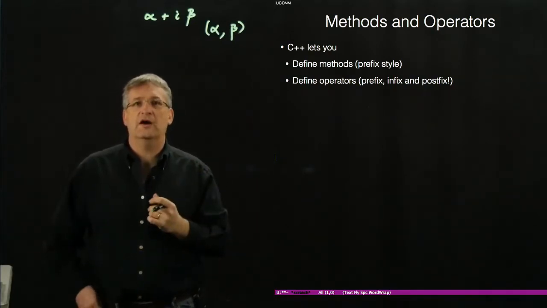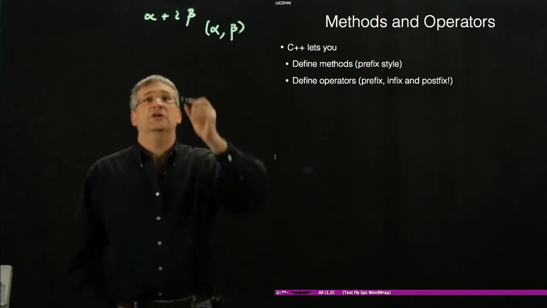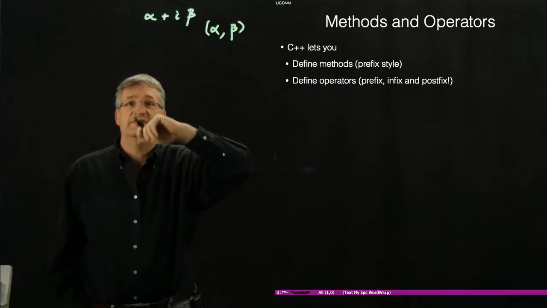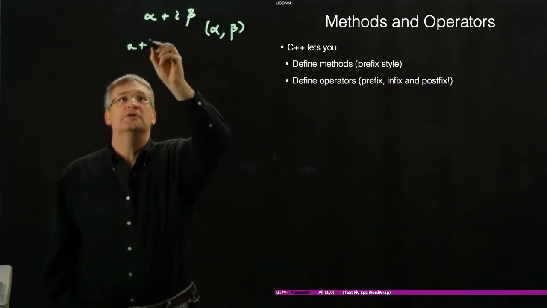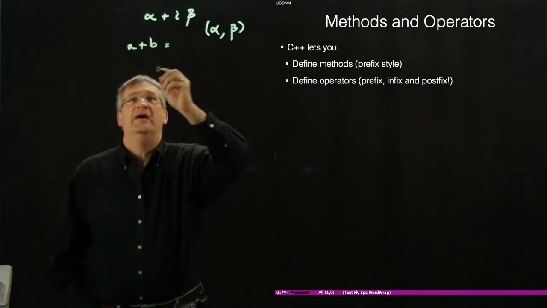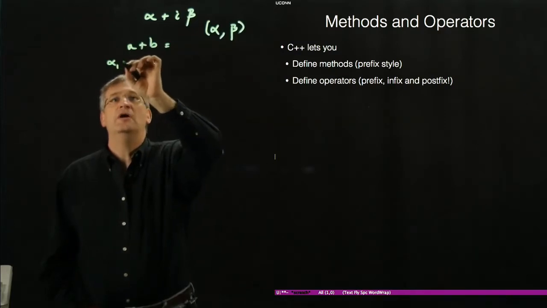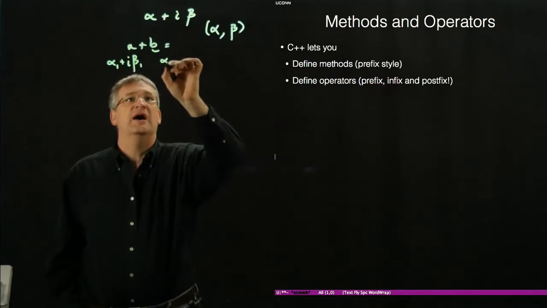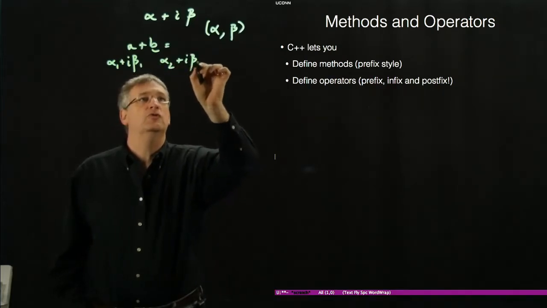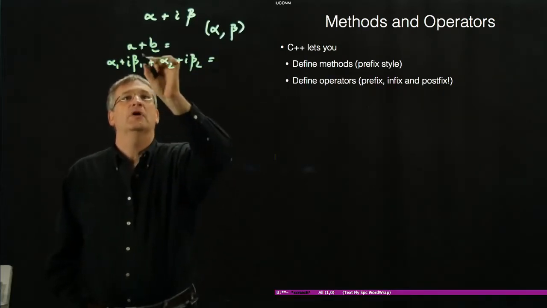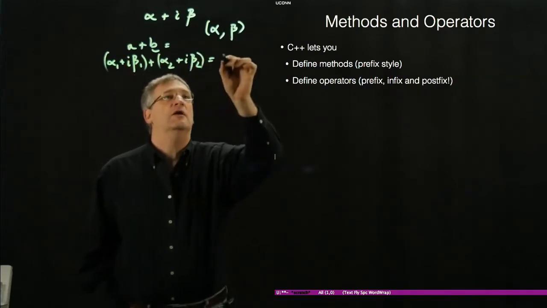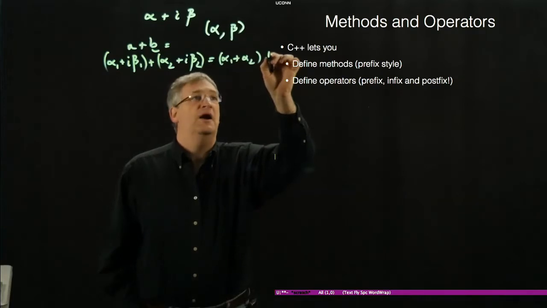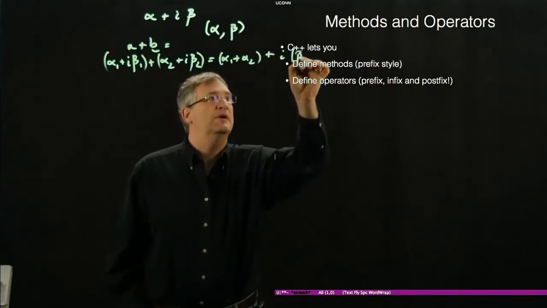Now, recall that there are a couple of rules. If we have addition, if I have two complex numbers A and B that have this form, doing A plus B is the same as, since A is alpha 1 plus i beta 1, and B is alpha 2 plus i beta 2, doing the sum of these two entities is none other than doing alpha 1 plus alpha 2 plus i times beta 1 plus beta 2.